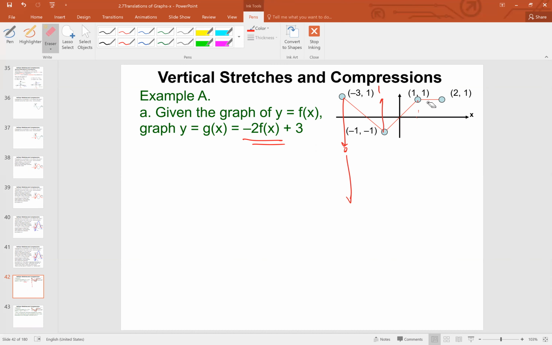Basically these questions ask you to track the endpoints and see what the function g of x looks like.